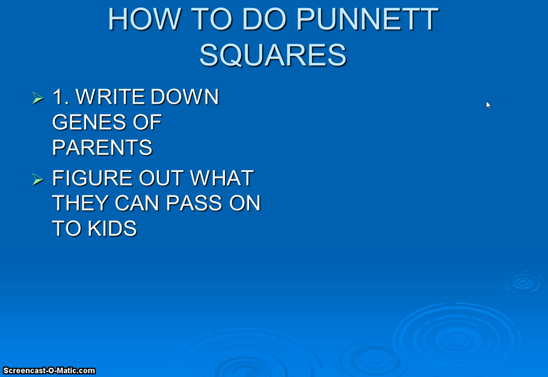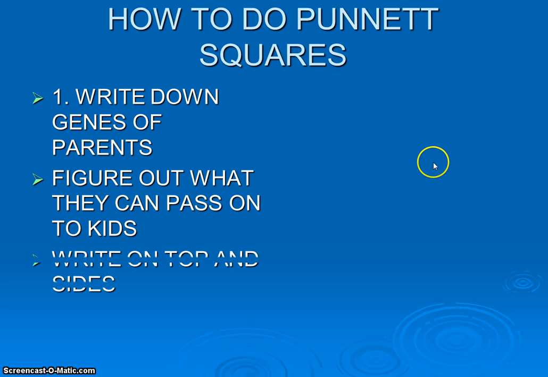Secondly, we've got to determine what they can pass on to their kids. And that's simple enough. Remember, because of meiosis, we can pass on 1 copy. I could either pass on the big T in this case, or I can pass on the little t. Separate, or segregate, your alleles. Super simple.